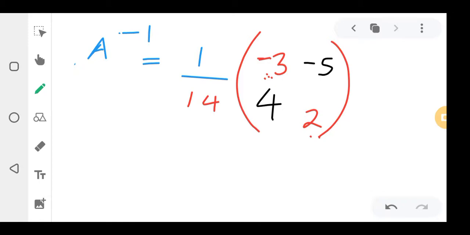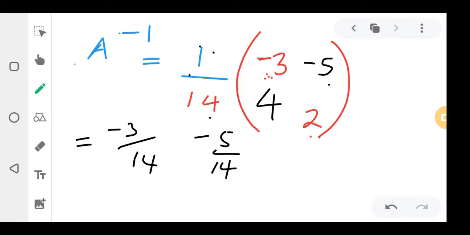And then now you multiply what is outside with what is inside. So this 1 over 14 multiplies negative 3, so it will become negative 3 over 14. Again, 1 over 14 times negative 5, it will become negative 5 over 14.